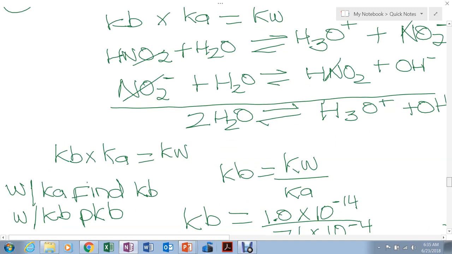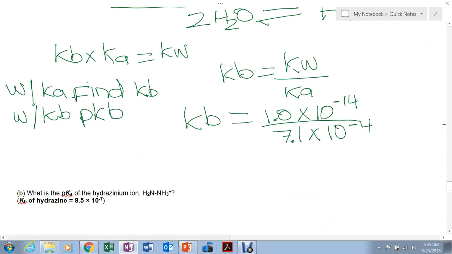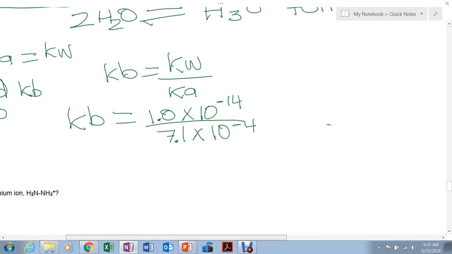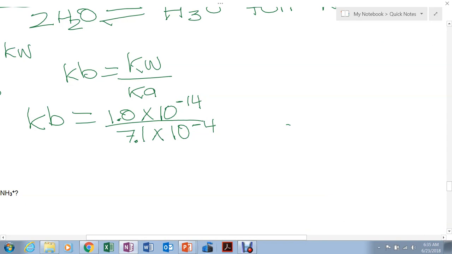And you're going to get a Kb here of 1.408 times 10 to the negative 11.